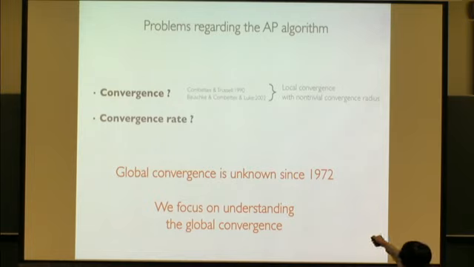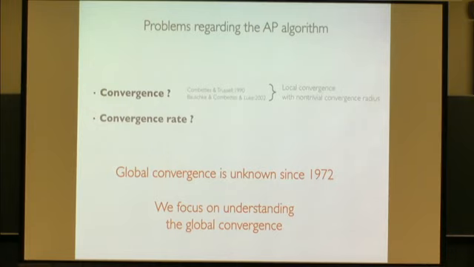So in 1990 or 2002, some local convergence results of the algorithm were proposed, but they need some non-trivial conditions which are not easy to check in practice. For the convergence rate, by Luke in 2008, there are some local linear convergence results, but again, they need some non-trivial conditions, which are not easy to check.